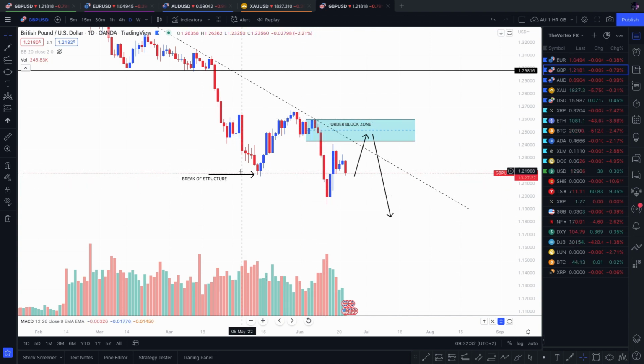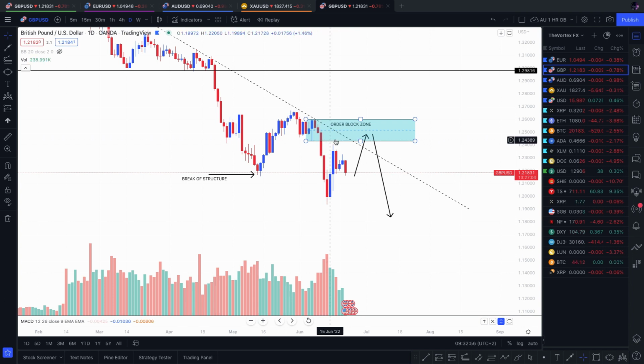We took it out. Okay, rule one complete. Good. Now I highlight the most recent bullish candle before the drop, and I extend it out, and this is now my order block zone. I highlight the candle from the top of the candle down to the bottom, including the wicks, wicks and all.